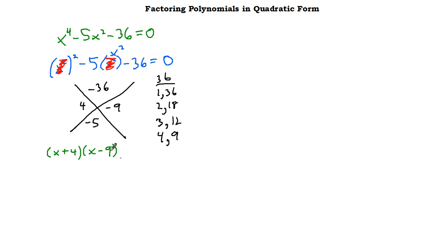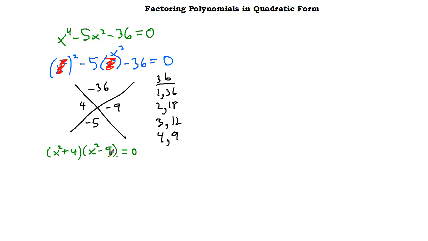So what we're going to do is make this x squared and make this x squared, because technically, that's the variable that we're adding to 4, and that's the variable we're subtracting 9. So don't forget to equal 0. And I also want to remind you that you can always check this by foiling and see if you get what you started with. Then you'll know that you factored correctly.